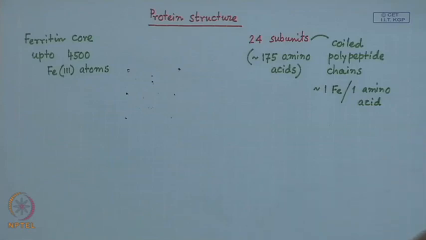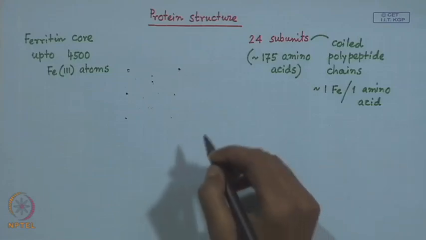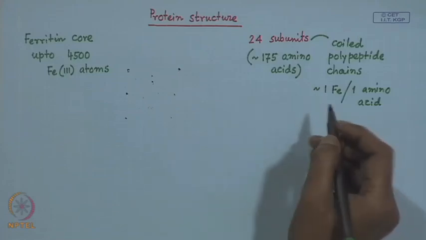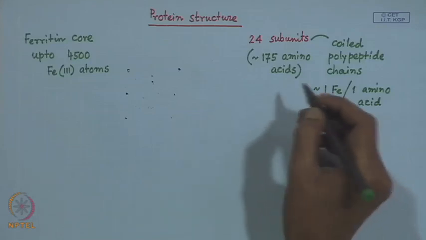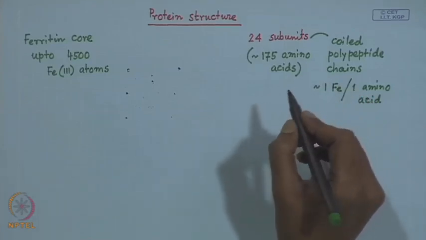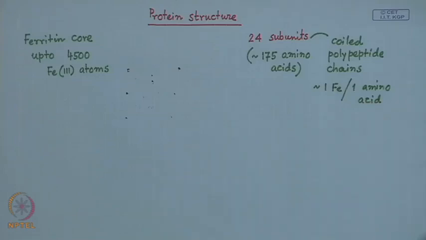So, you see the large amount of amino acids which has been coiled to give you a polypeptide chain, and those chains are required to give a corresponding protein shell, and those shells will accommodate the huge number of iron centers within the polypeptide chain. So, now we will see how these 24 subunits are located in a 3-dimensional structure.